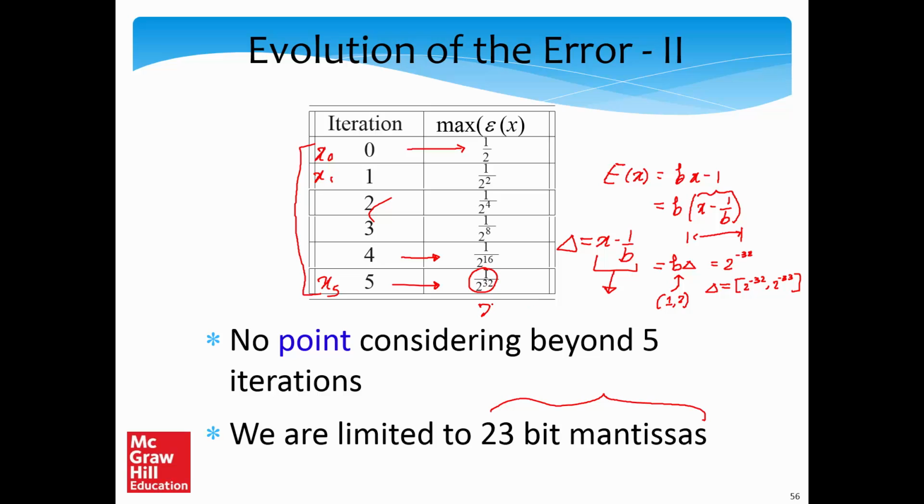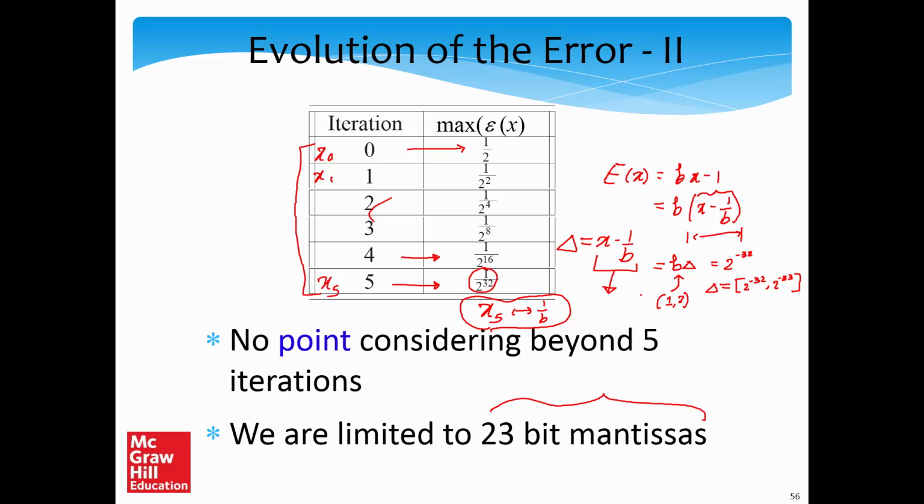The value of x5 is very, very close to 1 by b, which is what we wanted to compute. There is still a small difference, and this difference is delta, but it is smaller than our smallest precision. Since this floating point representation is approximate, we can ignore that minimal amount of error because there is nothing that we can do about it, and go forward.